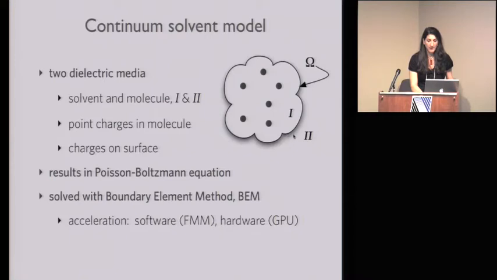And basically, we have a Laplace equation outside in the solvent, a Poisson equation inside, and an integral equation on the boundary. An integral equation that, when solved, is going to give us the charge distribution, which is equivalent to the effect of the full three-dimensional electrostatics problem. Okay, this is a boundary element representation.